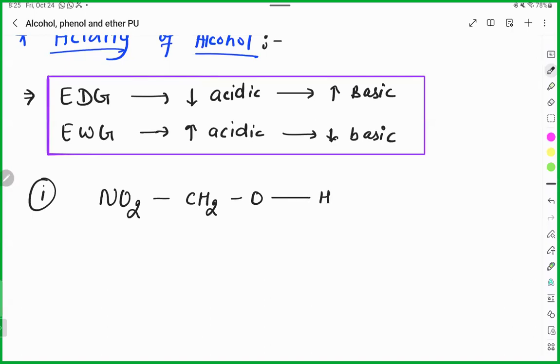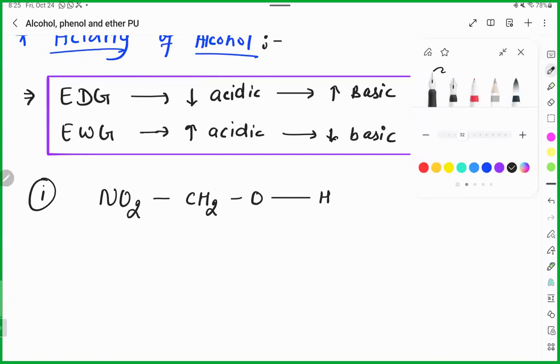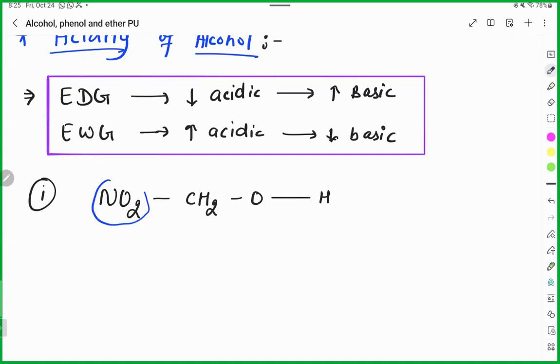Okay. So one thing is this NO2 group is an electron withdrawing group. Second thing, here acidic character means easy release of this bond, like breakdown of the bond and release of H positive, and then it will become O negative. Makes sense.